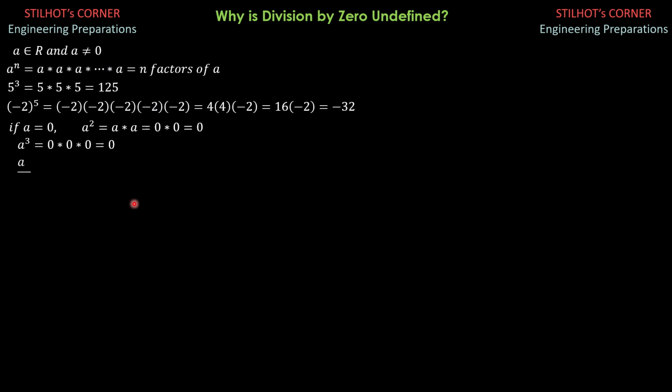So if you encounter A cube over A square, expanding, that's 0 cube over 0 square. Since 0 cube is 0 times 0 times 0, which is still 0, the numerator is 0. And the denominator is 0 times 0, which is also 0. So that would reduce to 0 over 0, and we are dividing by 0.